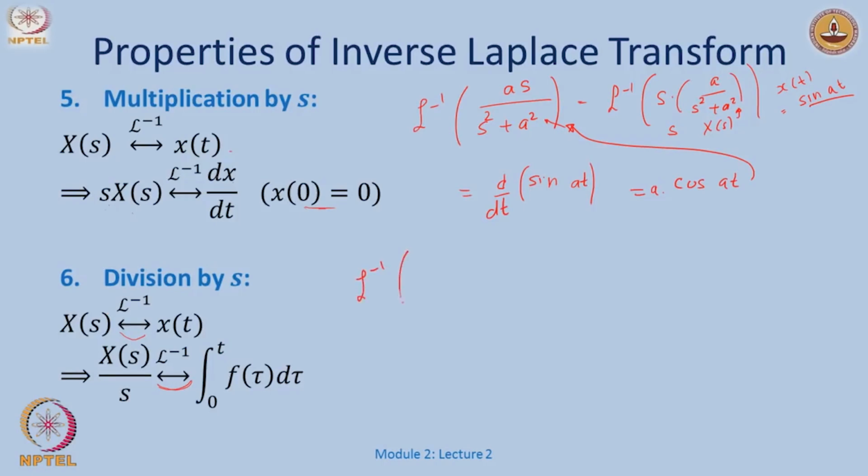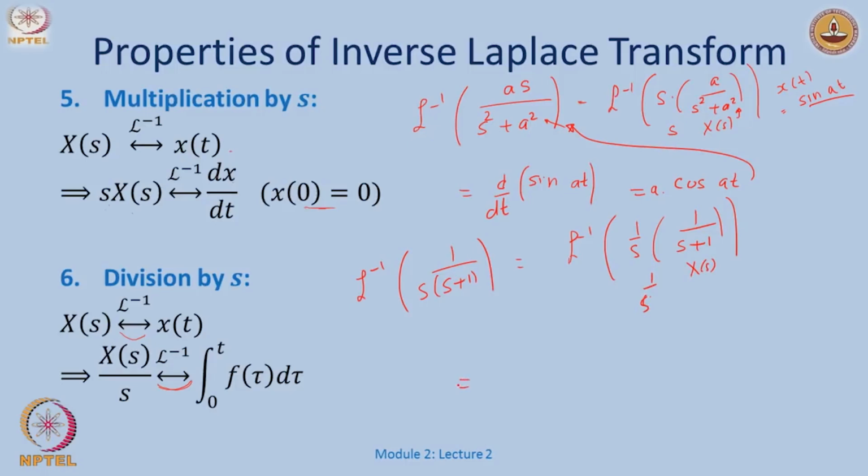L inverse of 1 over s times s plus 1. I can write this as L inverse of 1 over s times 1 over s plus 1. This looks like this is my X(s), and this is 1 over s. Okay.